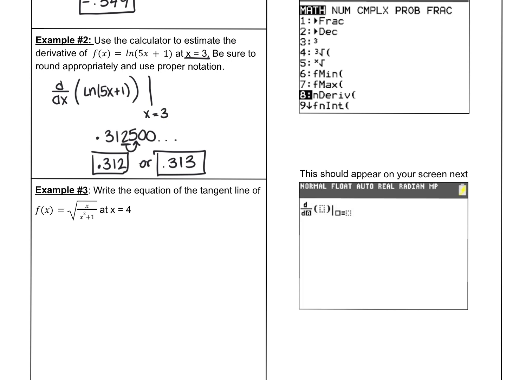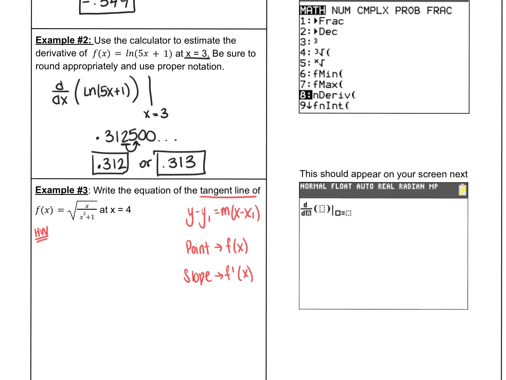Okay, so example number 3, I'm actually going to leave for you guys for homework. I'm going to give you a couple of hints. First thing, they want the equation of a tangent line. Remember, that's y minus y1 equals m times x minus x1. And in order to use this, we need a point, which we can find by plugging into the original equation, f of x, and we need a slope, which we can find from my derivative, f prime of x, right?